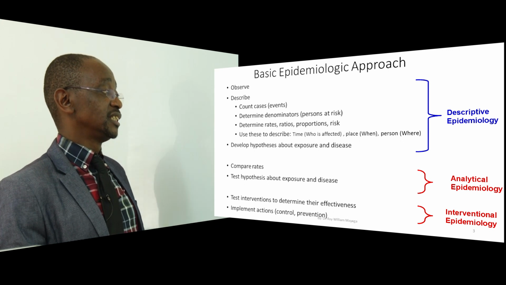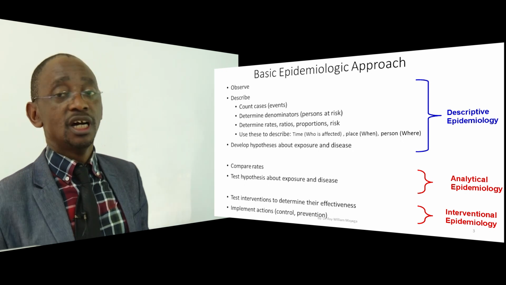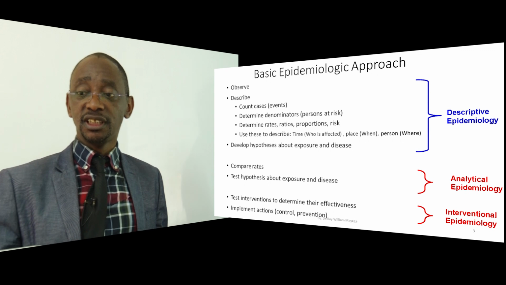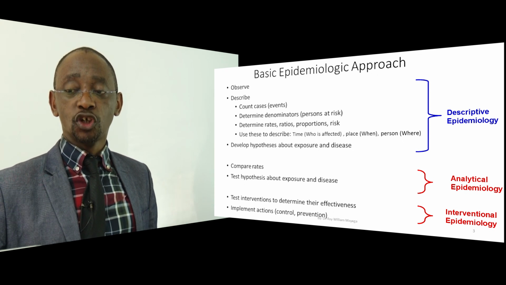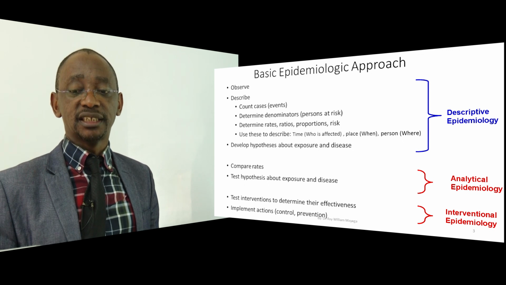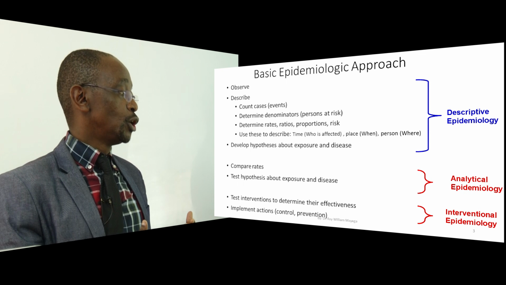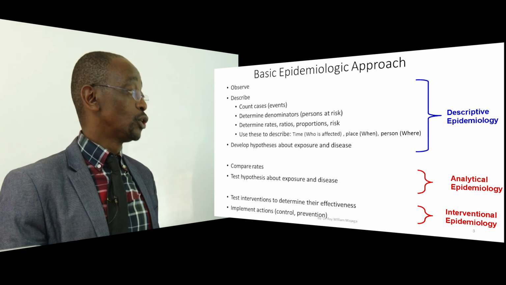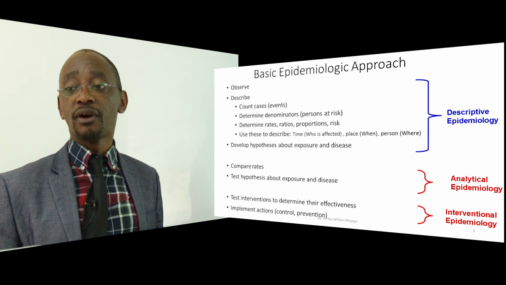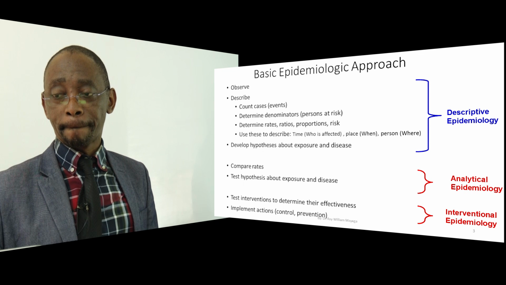And thereafter, they can identify and test interventions to determine their effectiveness in addressing the questionable exposure factors. And then they can implement actions which may include prevention, control, or elimination or eradication of the particular disease.